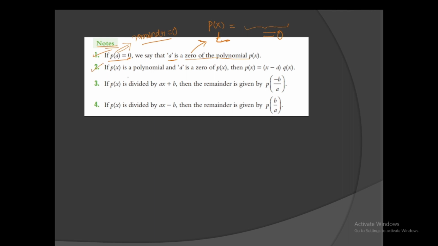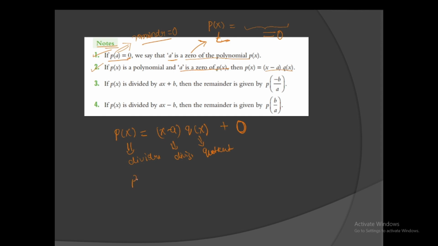So moving on to the next point, it says p of x is a polynomial and a is a 0 of p of x. Then p of x can be written as x minus a into q of x. This is basically what it is saying, that p of x will be x minus a into q of x. Dividend, divisor, this is some quotient, and the remainder here will be 0 because it is given that a is the 0 of the polynomial.